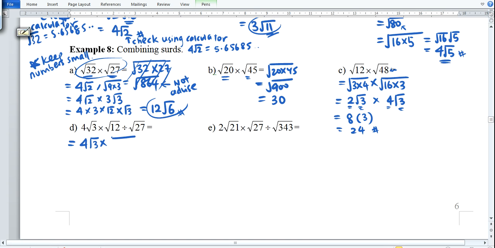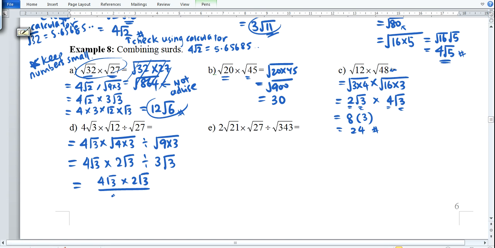So I'm going to simplify this into 4 times 3, divided by square root 27, which can be simplified to 9 times 3. So I can rewrite the top as 4 square root 3 times 2 square root 3 divided by 3 square root 3.